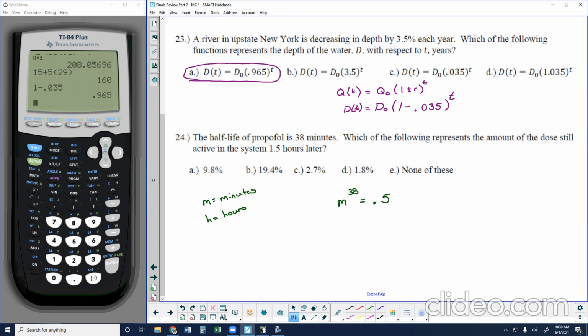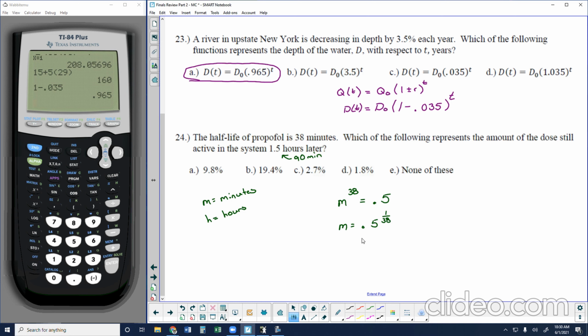So what I can do here then is take this down to a minute. 1 minute would be 0.5 to the 1 over 38 power. I could take the 38th root of both sides, but that's the same as doing the 1 over 38 power. Now, if I want to put this in hours, this is 1.5 hours later. So let's go ahead and convert this to minutes. This would be 90 minutes.